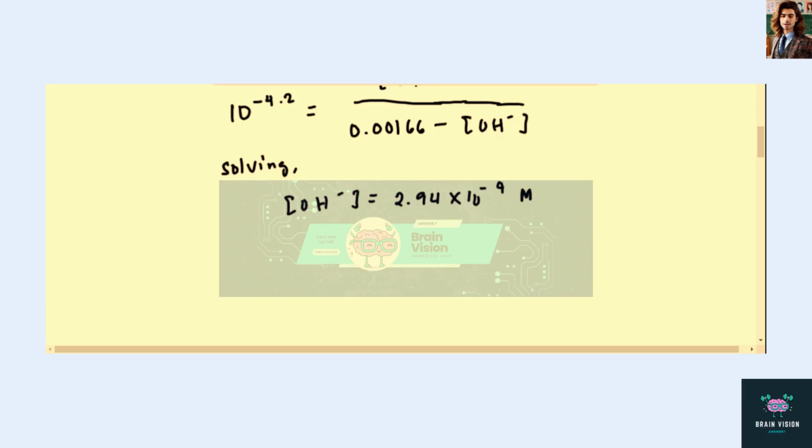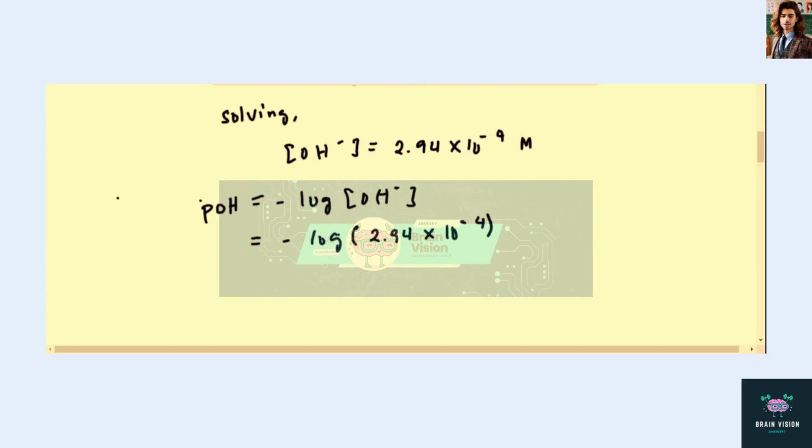From here, we solve for pOH, which is equal to negative log of the hydroxide ion concentration. So we have negative log of 2.94 times 10 to the negative 4. That's 3.53.